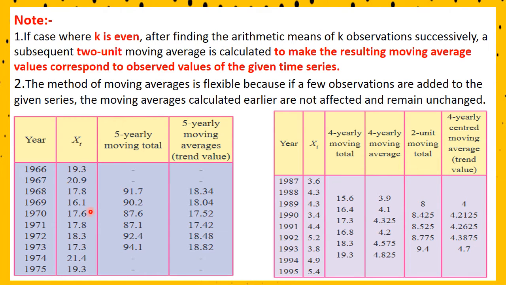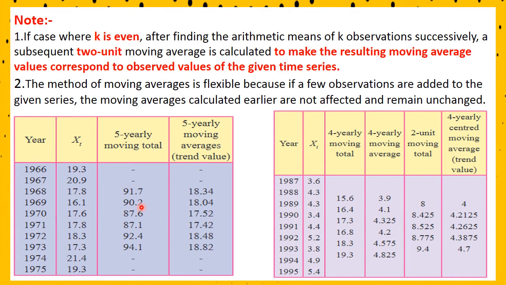These 5 values are added and we find the total, and then we divide this total by 5 to get this arithmetic mean or average. And this is the trend value. So if we are asked to draw the trend line, we can plot this point and join these points, and we will get the trend line.